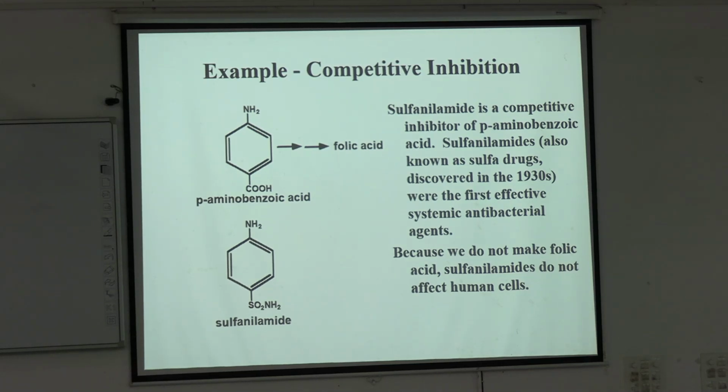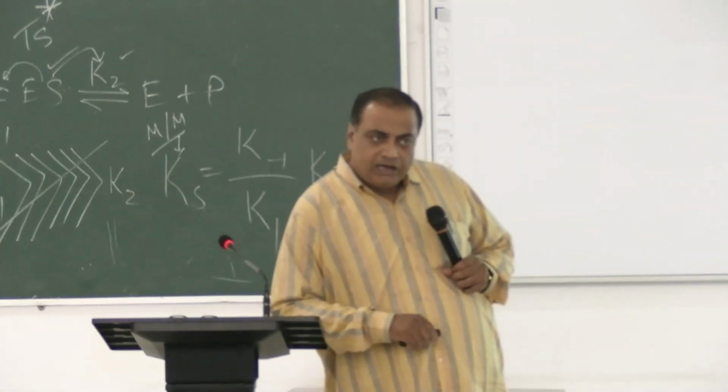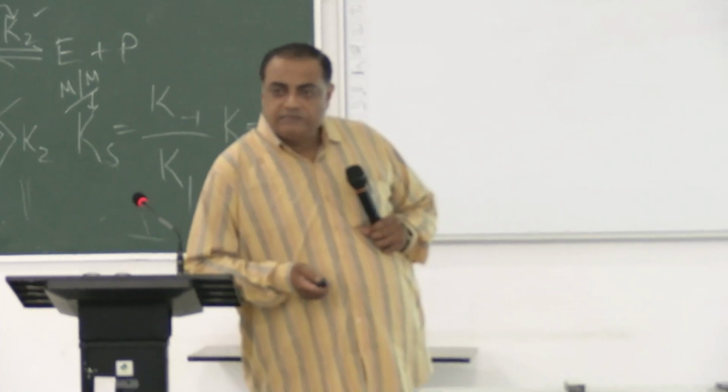So what they do, in all DNA synthesis, whether it's microbes or our human being, we require folic acid. The folic acid is biosynthesized by the microorganisms, but humans cannot. We cannot, but they can. So in the biosynthetic pathway, this sulfonamide mimics one of the component of folic acid, PABA, para-amino benzoic acid. So during the synthesis of folic acid, this will occupy the space for PABA and folic acid will not be synthesized.